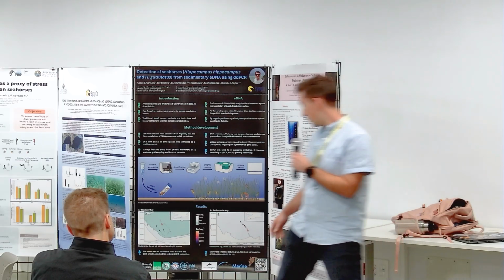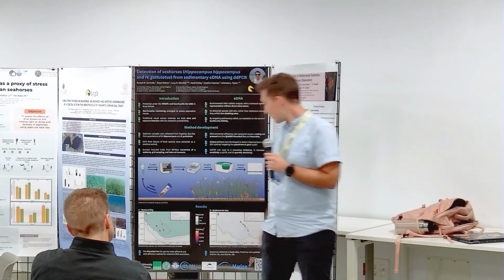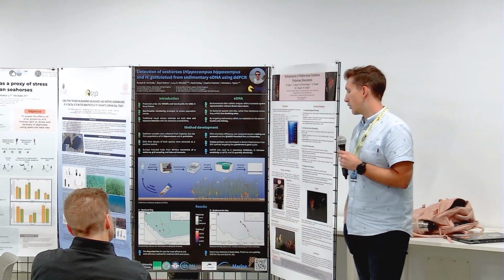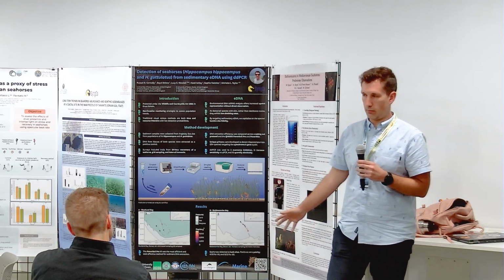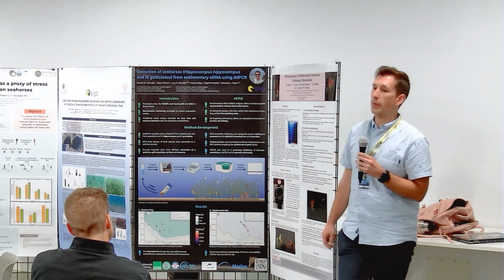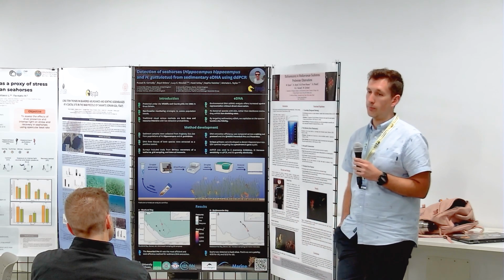And then you can get copy numbers of up to 9,000 per gram. For the costings, if you have all of the equipment, I don't know how much the equipment costs, but it's around £3, so €4 probably, per sample.